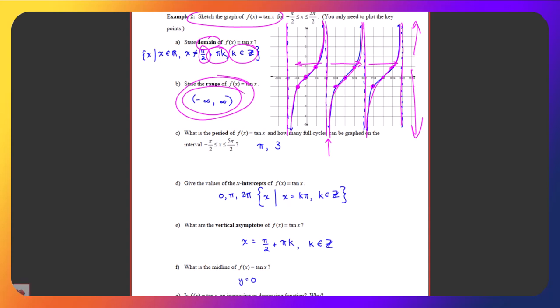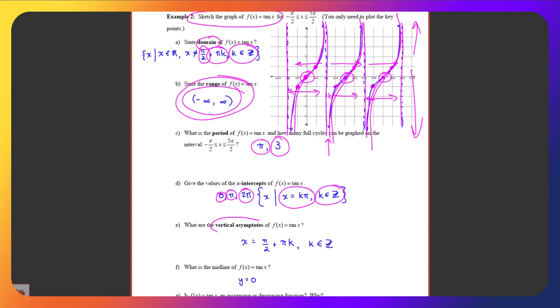Here, this graph starts over again here and over again here. These periods are pi apart. There's your period, and you can see I drew 3 of them. The x-intercepts are here, here, and here, at 0, pi, and 2 pi, so multiples of pi, where the multiple has to be an integer.